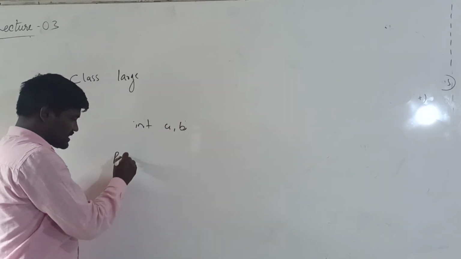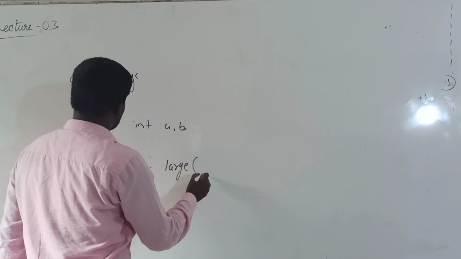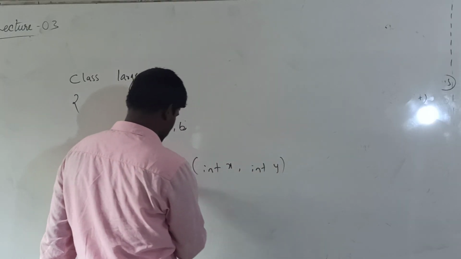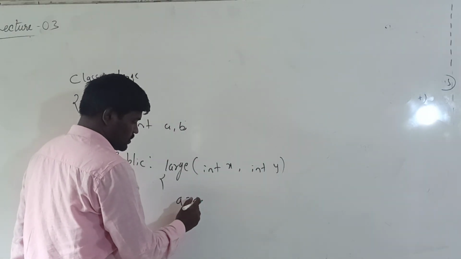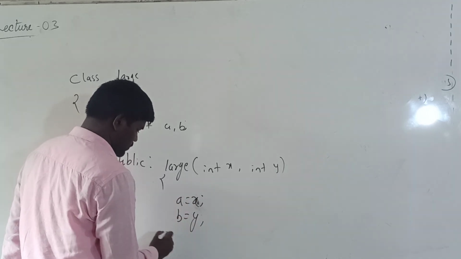In the public section, I can define large in the bracket of int x, int y. a is equal to x, b is equal to y.